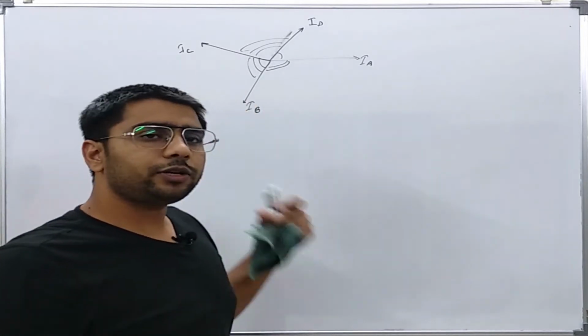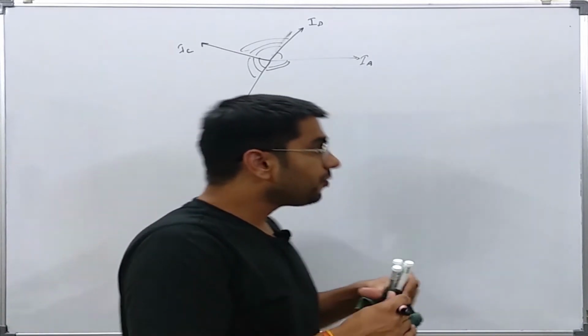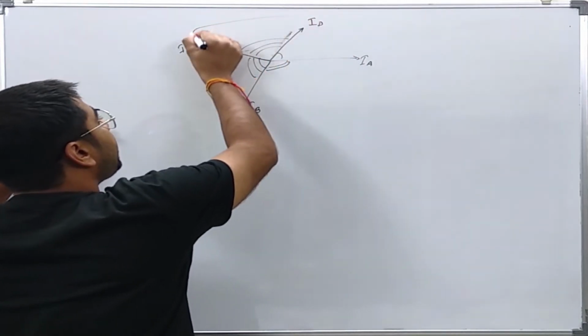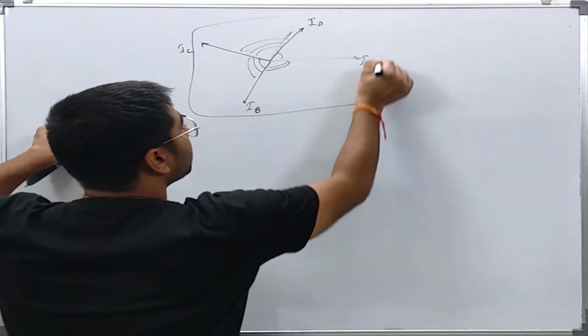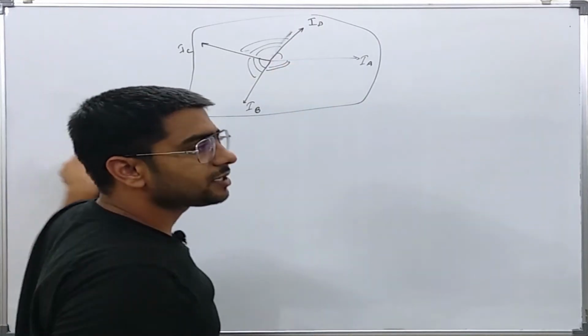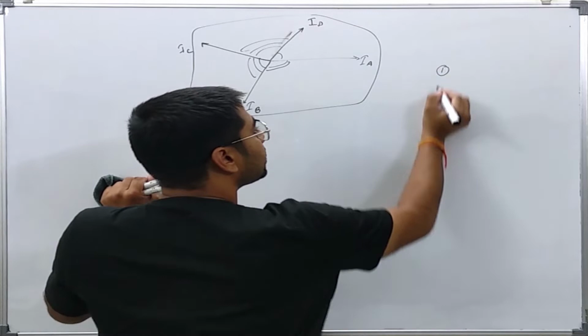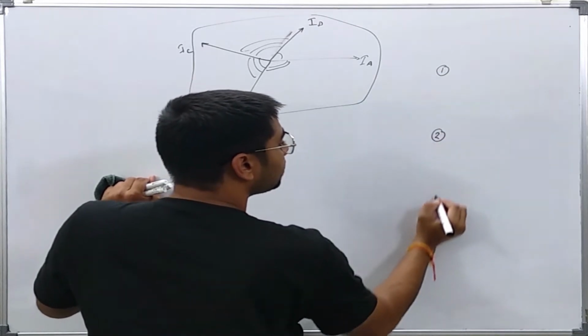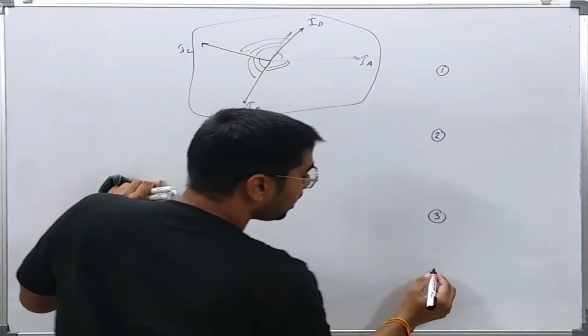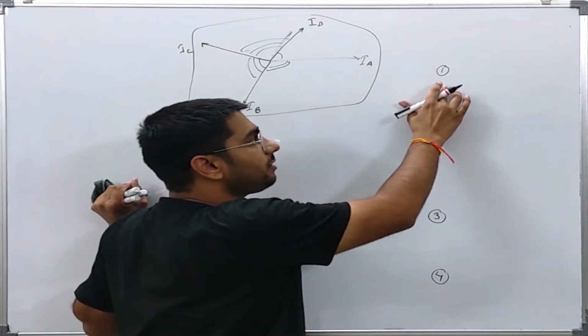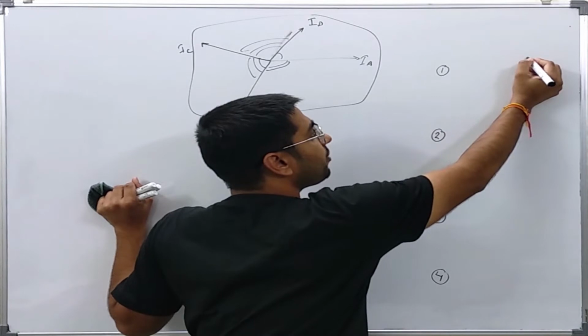Now, according to the theorem, we can break these phasors into four sets of phasors, that is the first set, second set, third set and the fourth set, and each set will have four phasors.